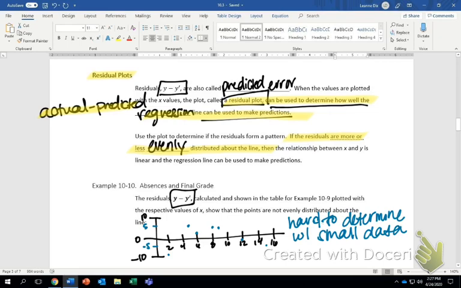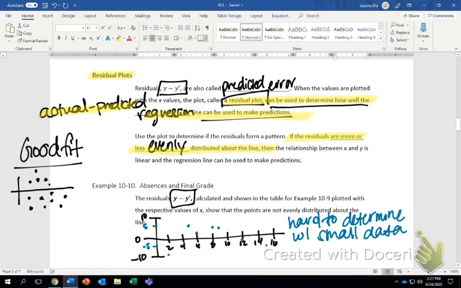If you have a good fit, your regression line fits it well, then your residual plot should have equal points, equal residuals, above and below your line.